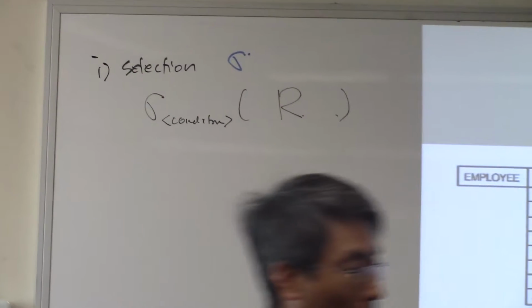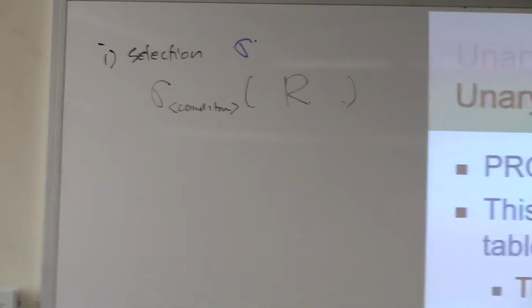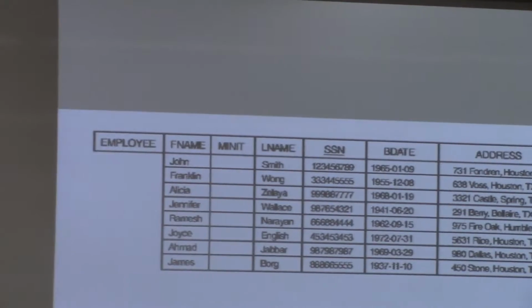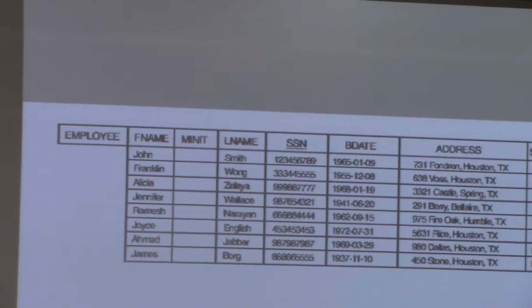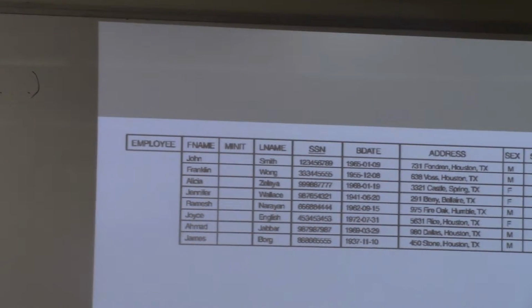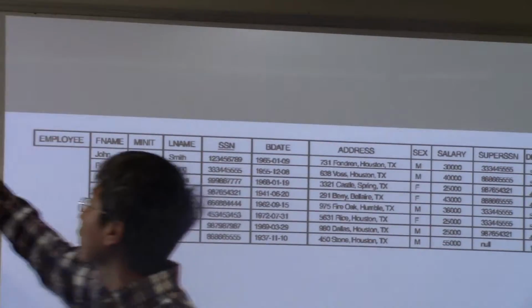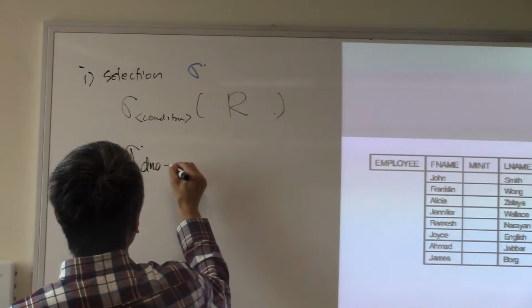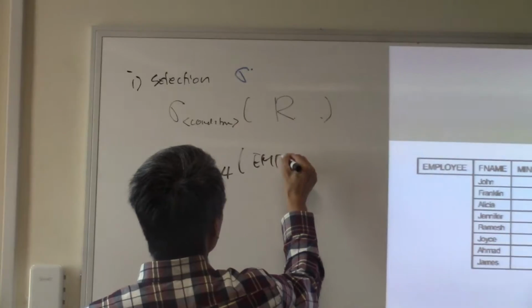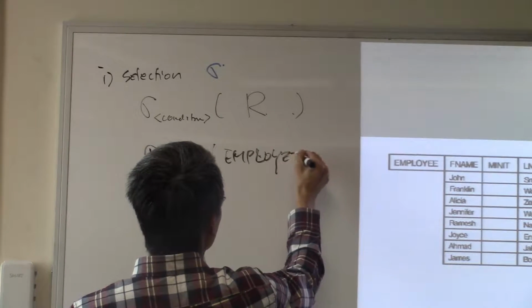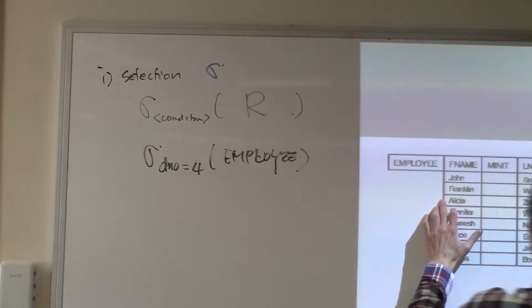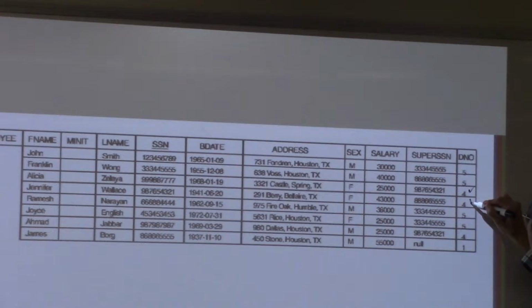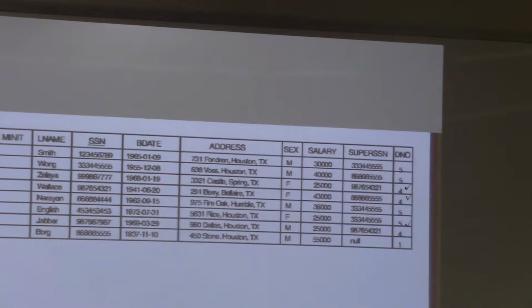For example, in this relation, if we specify DNO is 4, we check only the DNO attribute which satisfies the condition DNO equals 4, on the employee relation. And all the tuples, this one, this one, this one, these three will be returned.